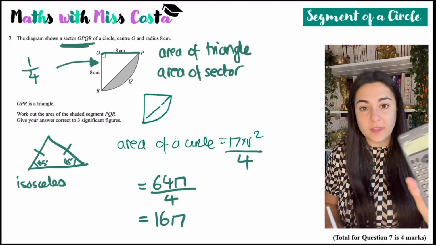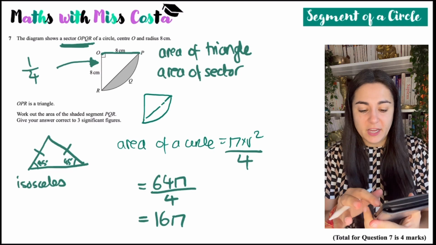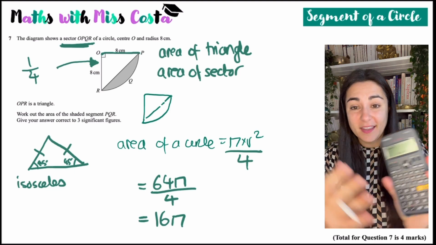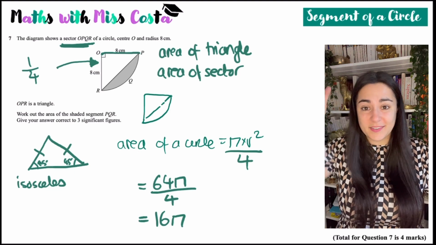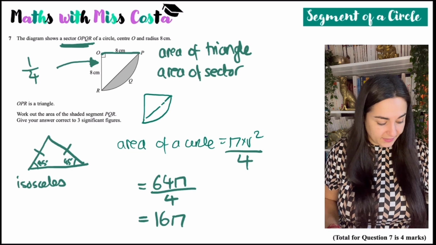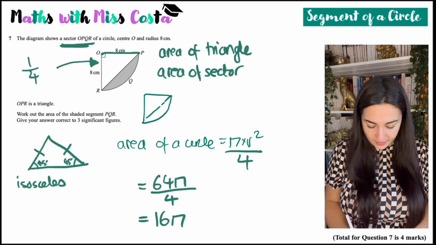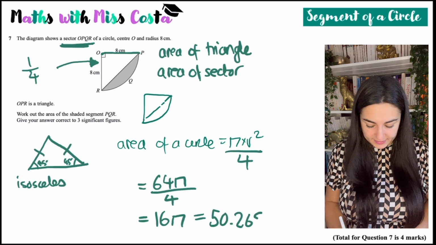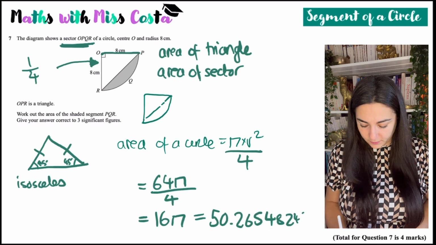Now, your calculator might come up with this. You can press the S-D button and then you get it in decimal form, but you don't need to. You can just leave it in terms of pi until the very end. So 16 pi is 50.26548246.